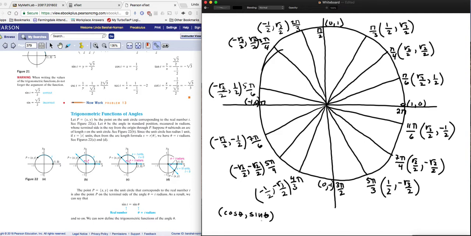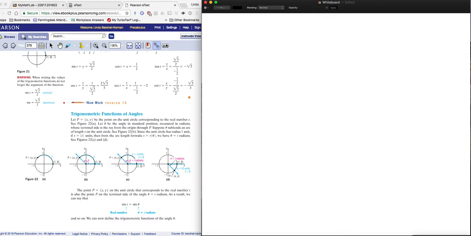All right, so if I can find the sine and cosine of an angle, I can find every other trig function because there's a relationship between the trig functions, because of the way they were defined. All right, so let's take a look at that relationship. And let me get up a blank page here.